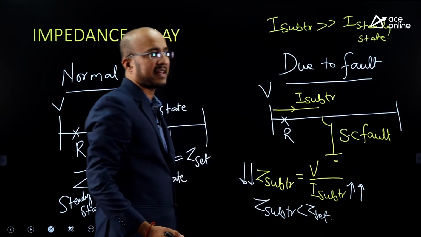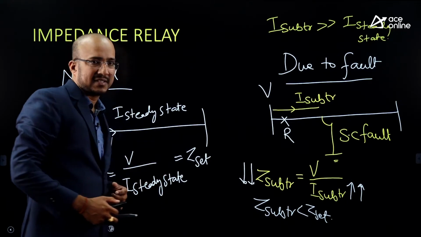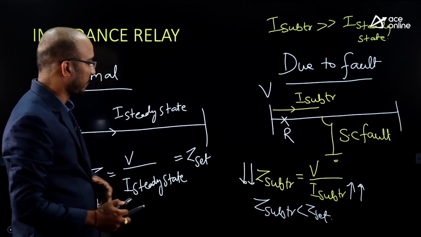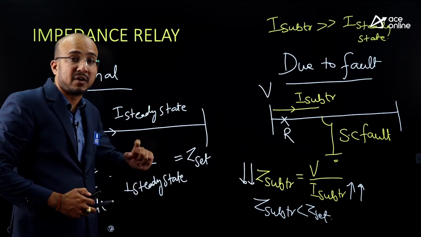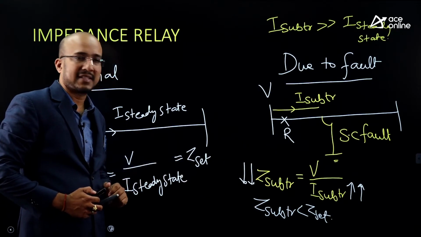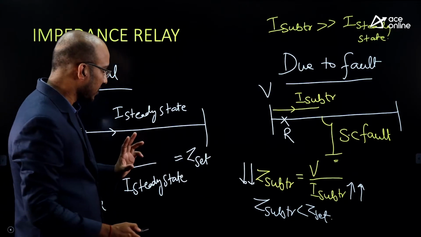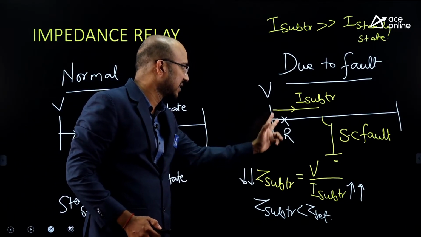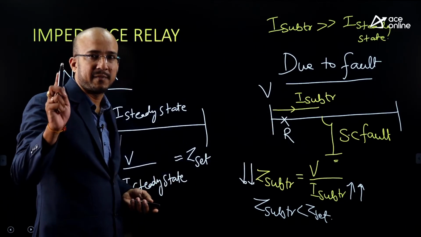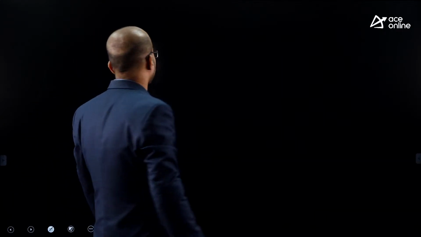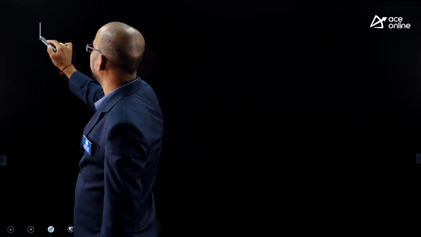So can we say that the impedance relay will be operated whenever the impedance observed by the relay is less than the set impedance or not? Whenever the fault takes place, the impedance observed by the relay will be less than the set impedance, okay. So we can make that point.